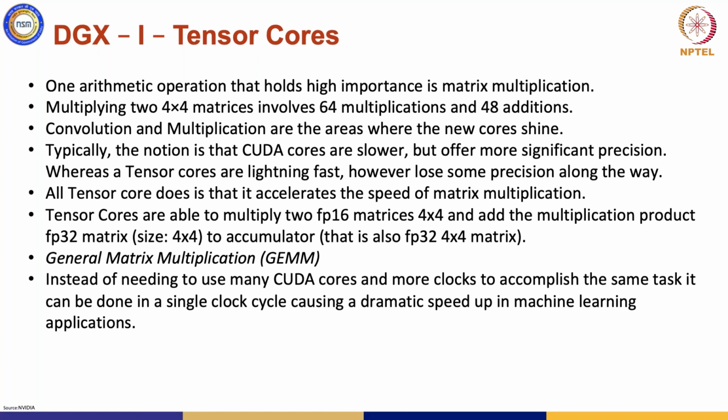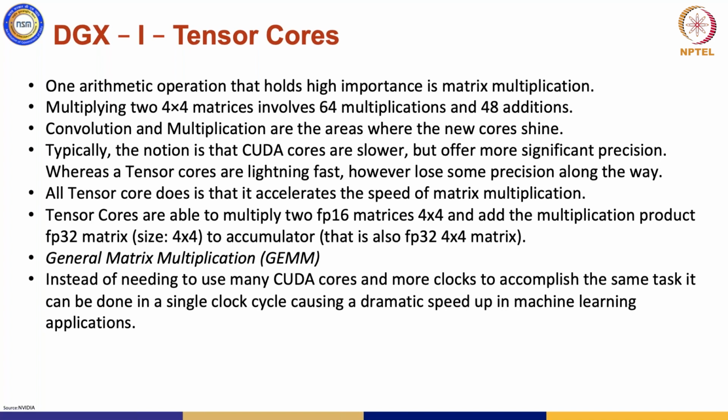So the whole GPU is made up of two types of cores. One is the CUDA core and another one is the tensor core. Notionally, CUDA cores would be a bit slower, but they will give you significant precision.